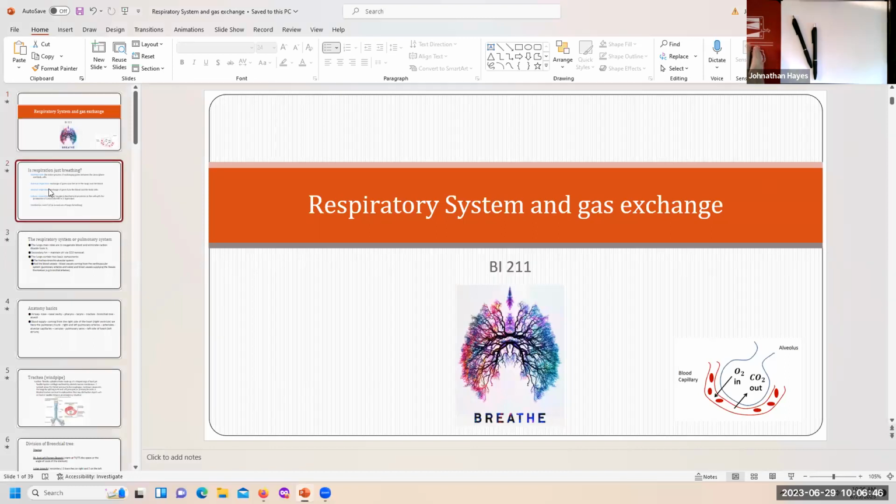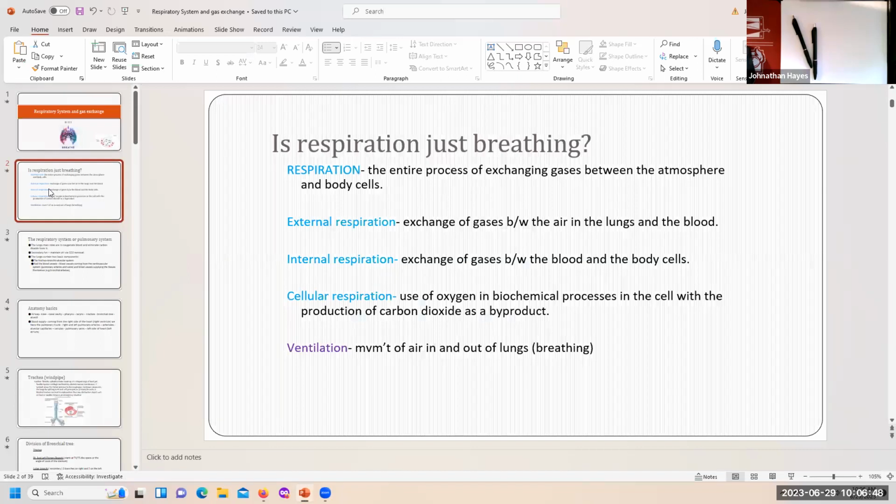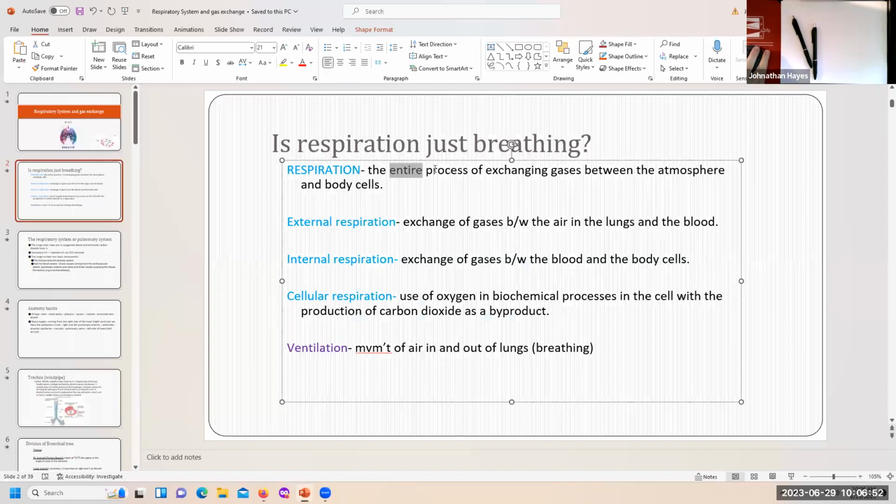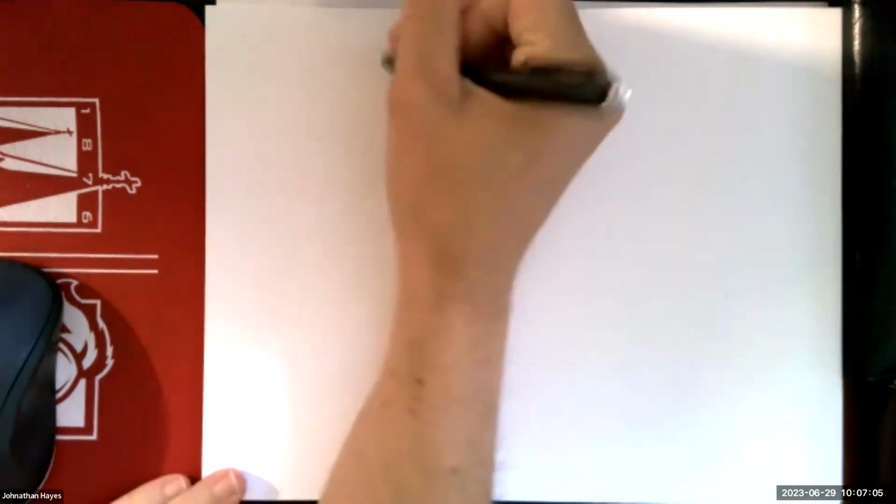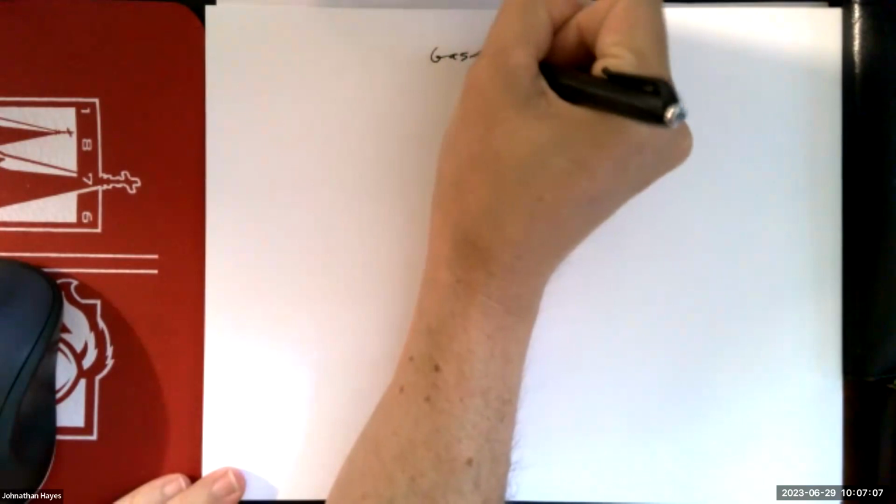And here's one of the first things I was talking about with you. Respiration is the entire process of exchanging gas between the atmosphere and the body cells, and it gets subdivided into 3 parts, each of which needs vital components. So the way I kind of memorize it is we have to take certain gases from the atmosphere.